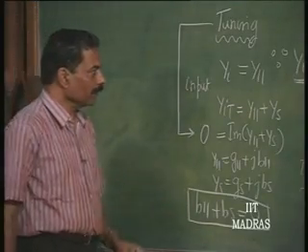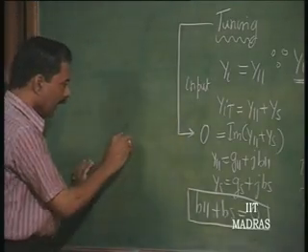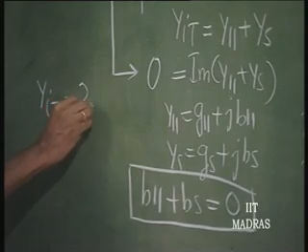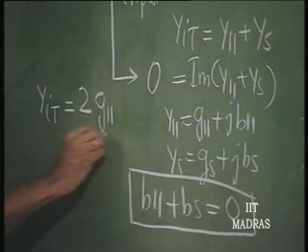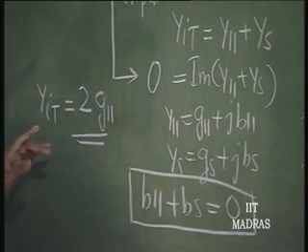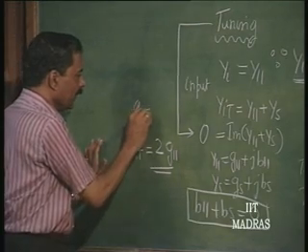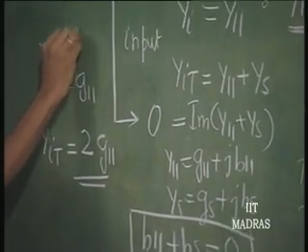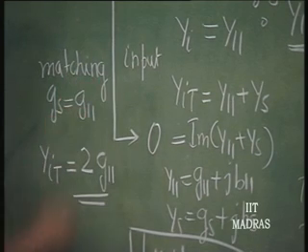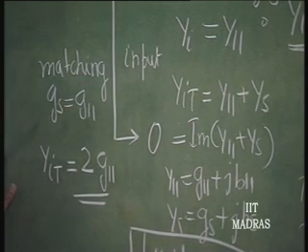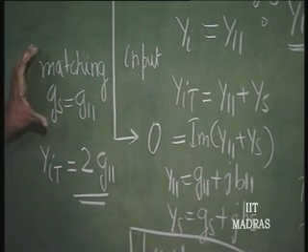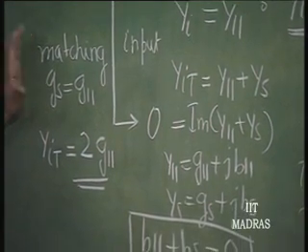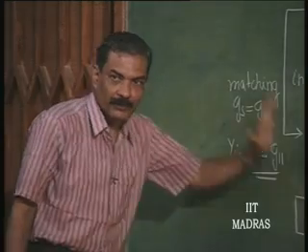In such a situation, the entire yi total is going to be twice G11, because Gs is made equal to G11. This is called matching. This kind of structure with matching at the input is done in order to transfer maximum power from the source to the input.